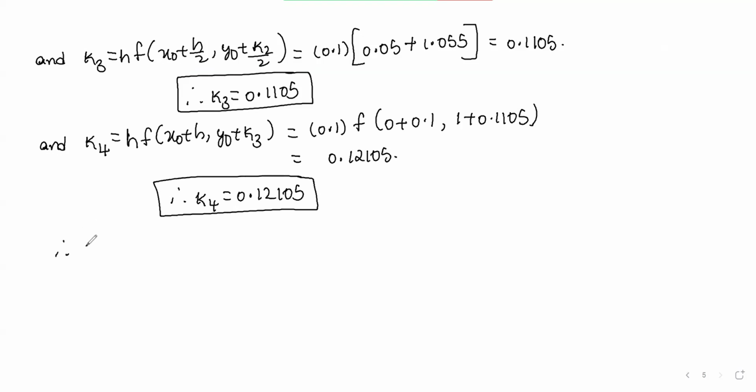First approximation. Therefore, Y1 అంటే y at x is equal to, ఎక్కడ కనుక్కోమన్నాడు, 0.1 దగ్గర find out చేద్దాం.